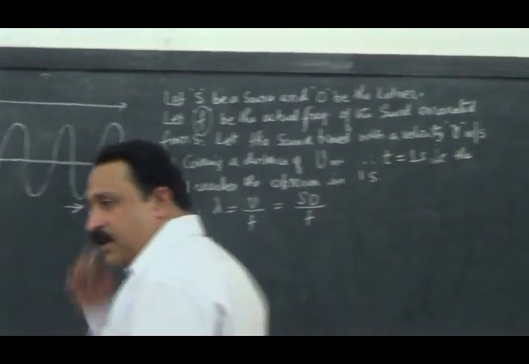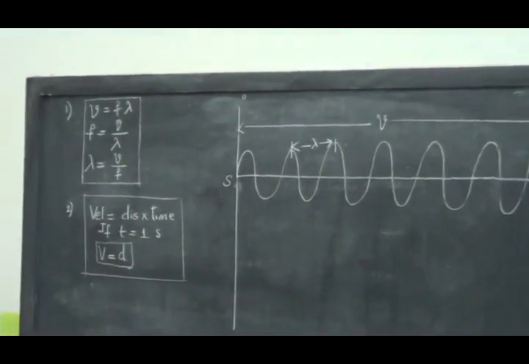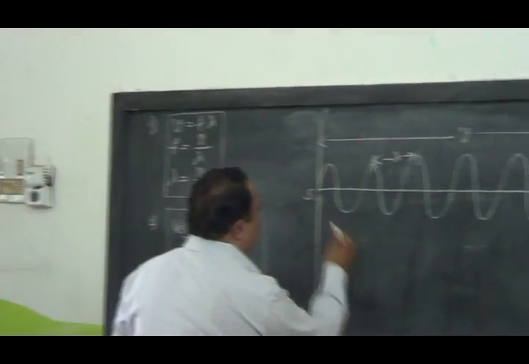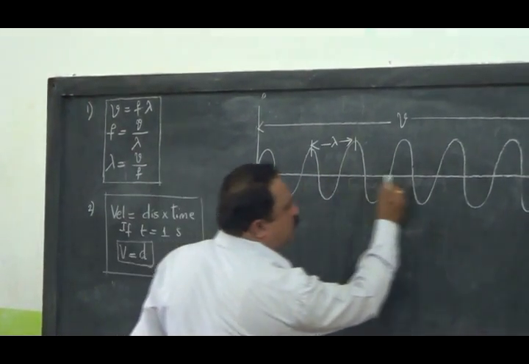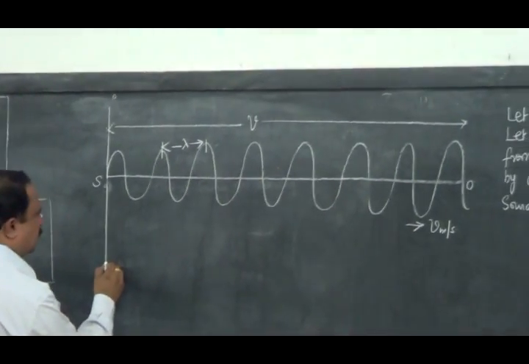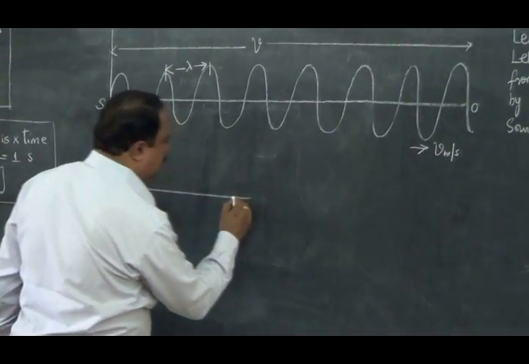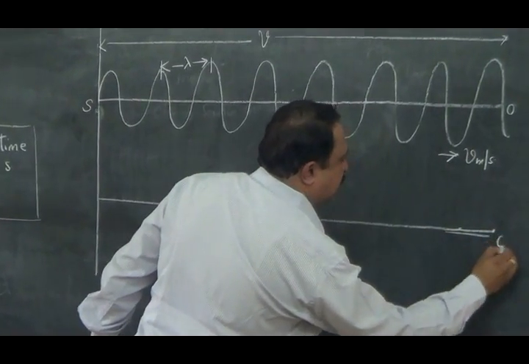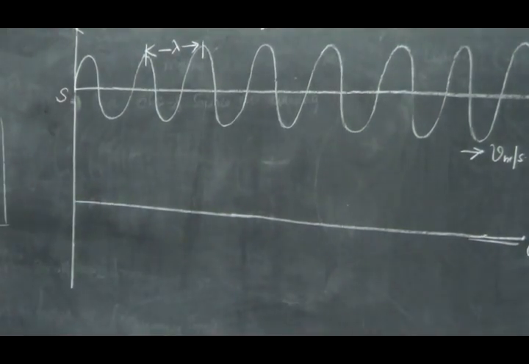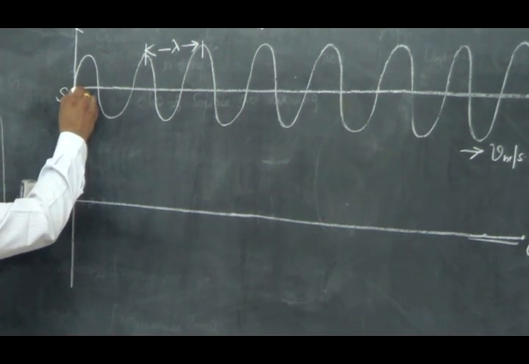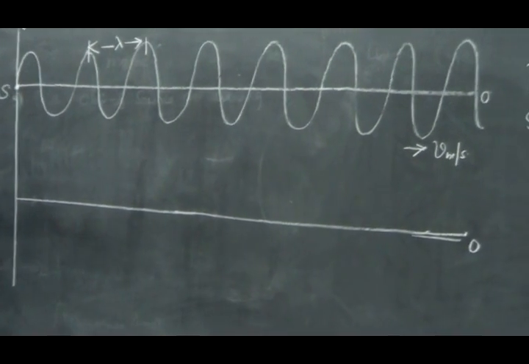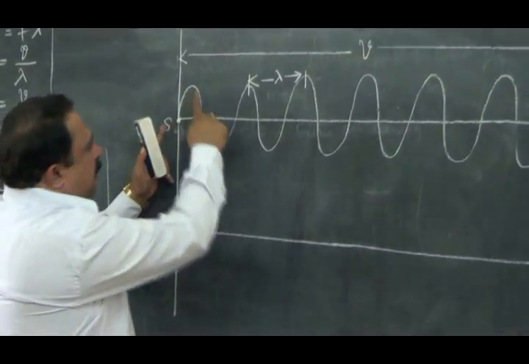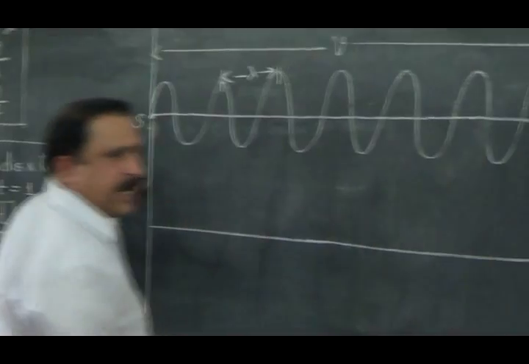Okay. Now, let us consider the situation. The source has started moving towards the observer. Look at this. This is the observer. He is on the railway platform. The engine was at rest here. It got the signal. It blew the horn. And the horn reached you in 1 second.